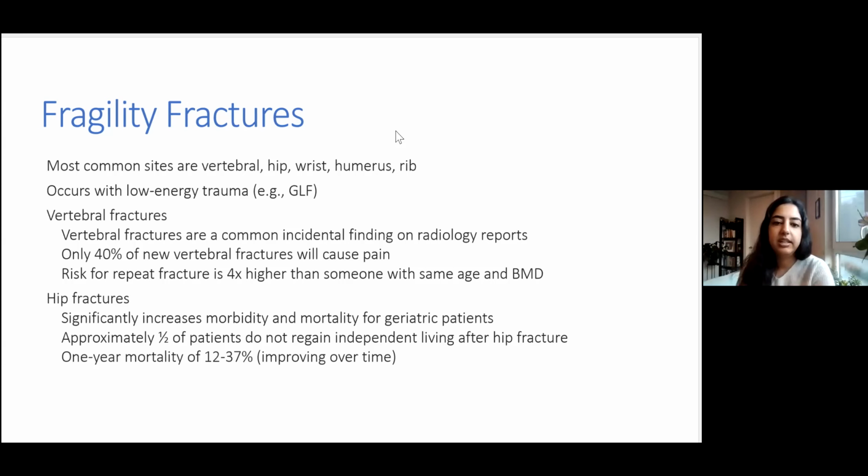This mortality rate has been improving over time, and a lot of that comes from more aggressive PT, more formalized mobilization efforts after orthopedic surgery, and there's some data that medicine consults help. So all of us holding it down on Harborview Geri, you can know that you are probably contributing to a reduction in mortality after a hip fracture.